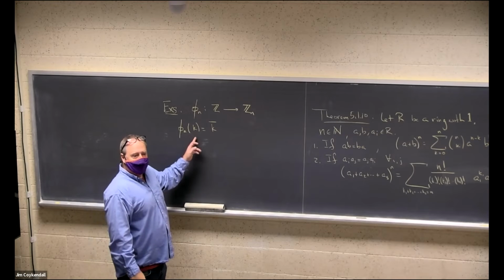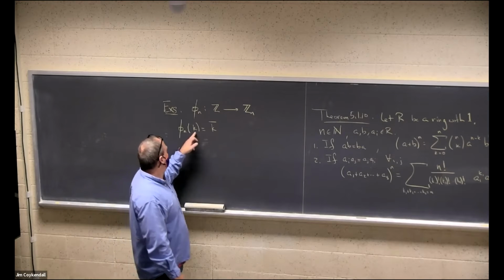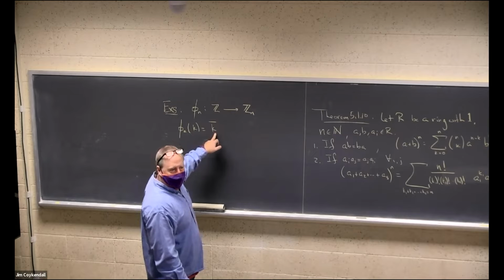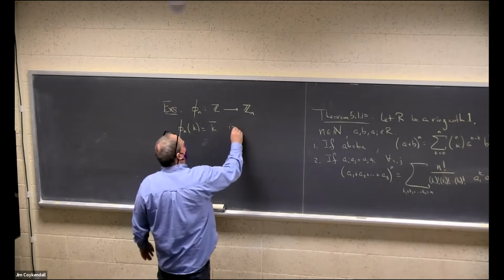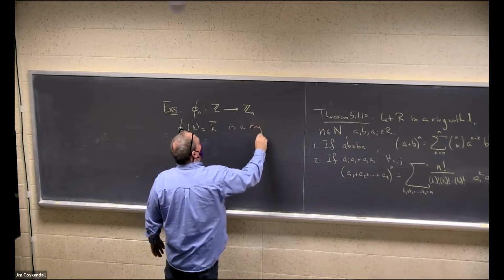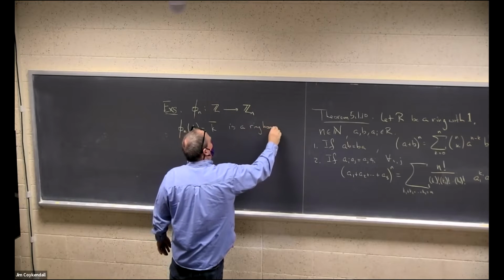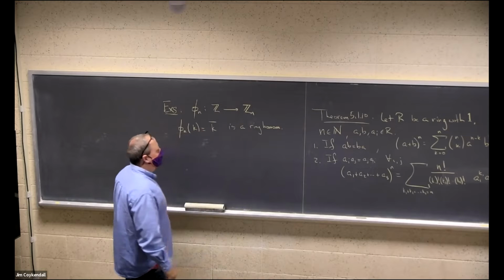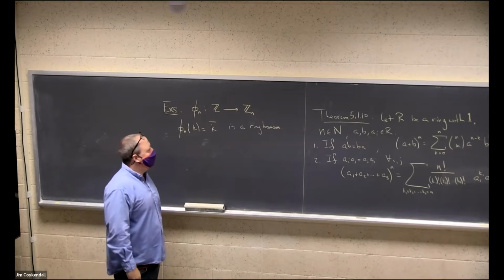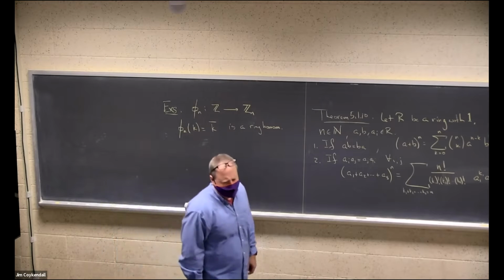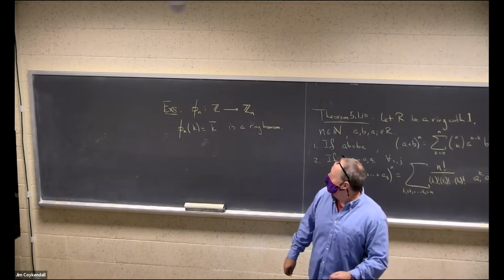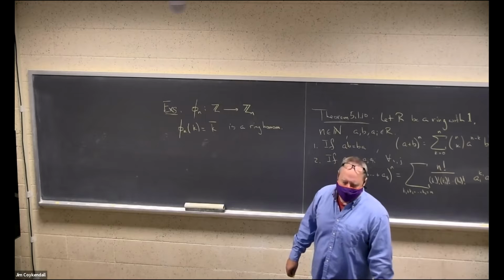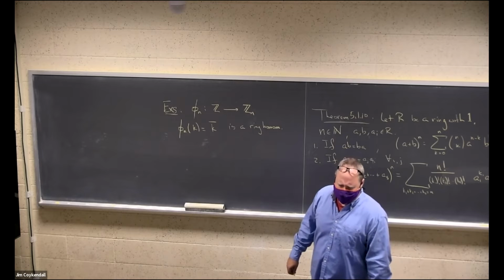This homomorphism takes whatever k is, and by the symbol here I mean the equivalence class of k, or the reduction of k mod n. We already know this is a homomorphism of groups. Check that it's a homomorphism of rings. It's a pretty standard thing, and in fact this is a special case of a larger type of homomorphism we'll talk about later.